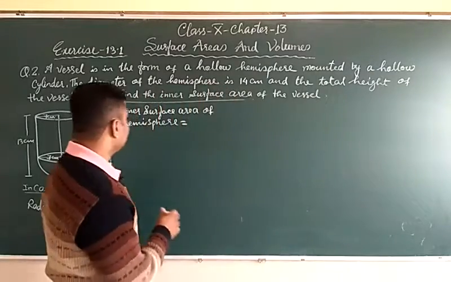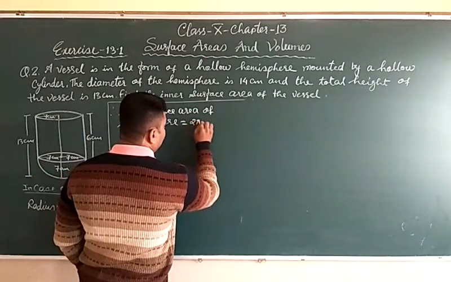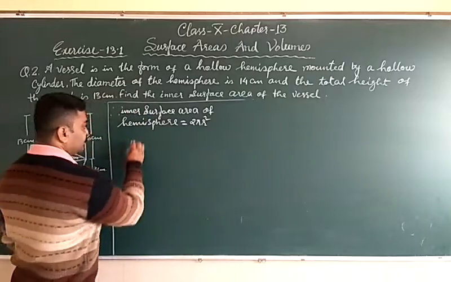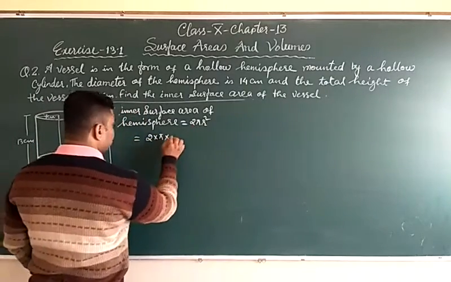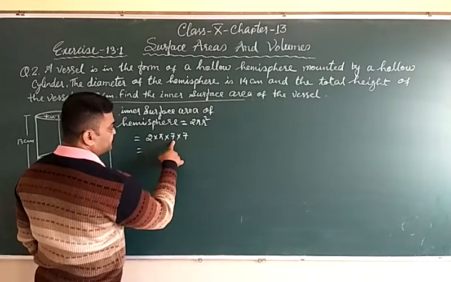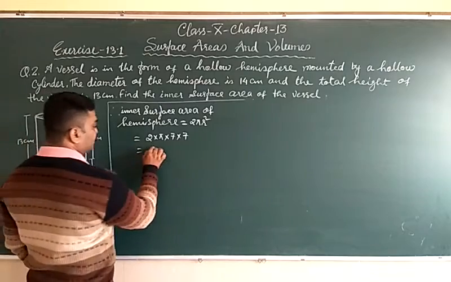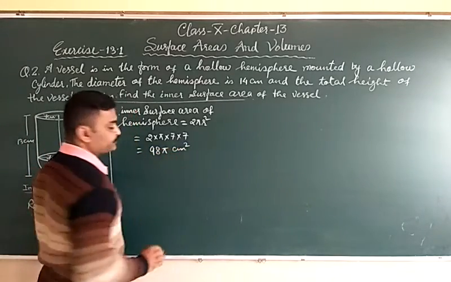So the inner surface area of the hemisphere is 2 pi r square. Here we write 2 into pi into r square, that is 7 into 7, 7 sevens are 49, into 2, 98 pi centimeter square.